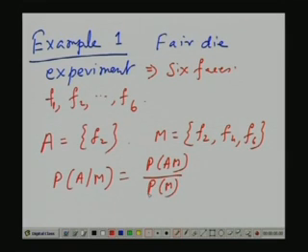In this case, A is already a subset of M, so the intersection between A and M is nothing but A. So, P(A ∩ M) is nothing but P(A), which is 1 by 6, and P(M), you have got 3 elements, so the probability of even faces turning up is 1 by 2, half for odd faces, half for even faces. So, it turns out to be 1 by 3. This is example number 1. But here one more example.